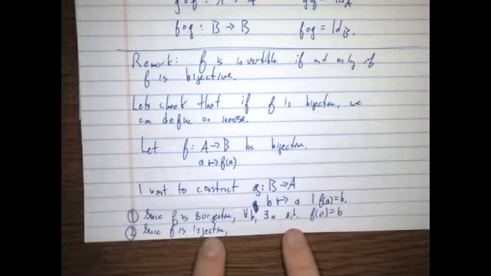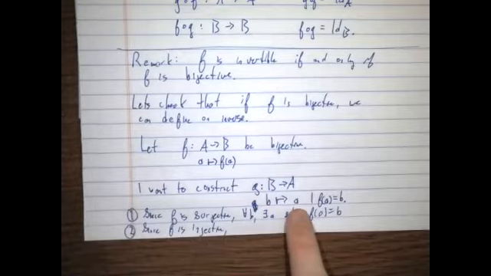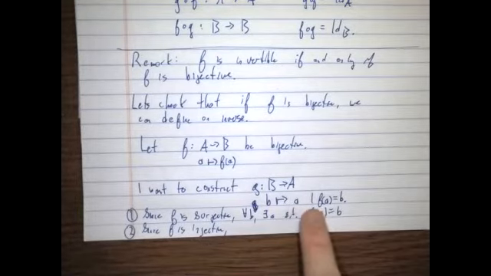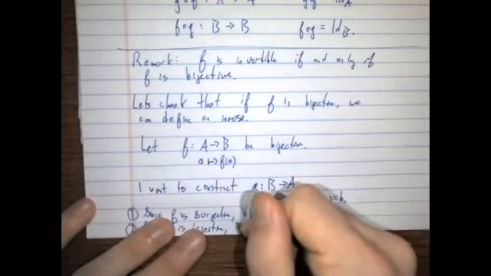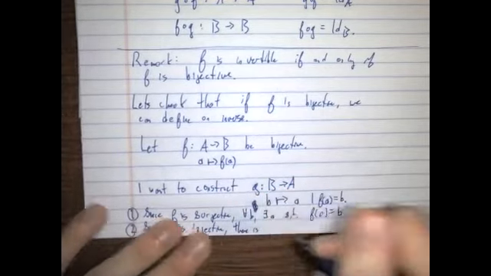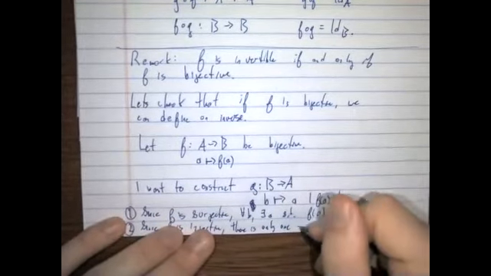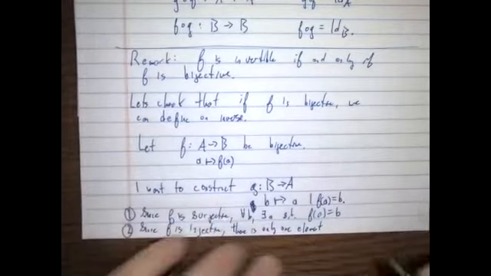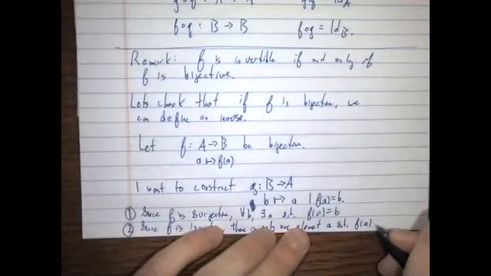Yes, or in other words, this assignment, if I want to assign B to the collection of all A that hit it, that's actually a unique assignment. I'm only assigning B to one single element in A. Since f is injective, there is only one element A such that f of A is equal to B.